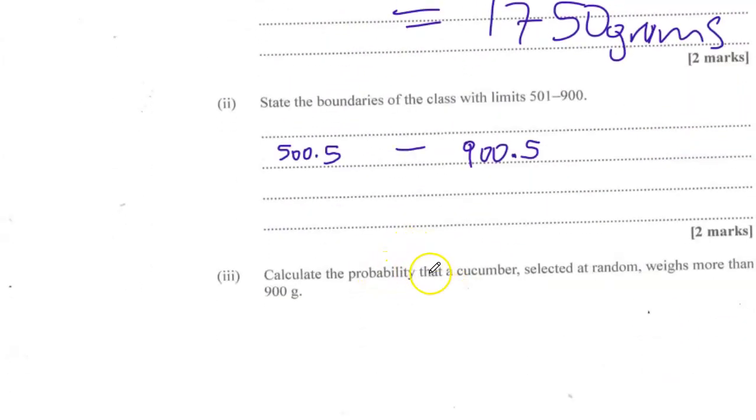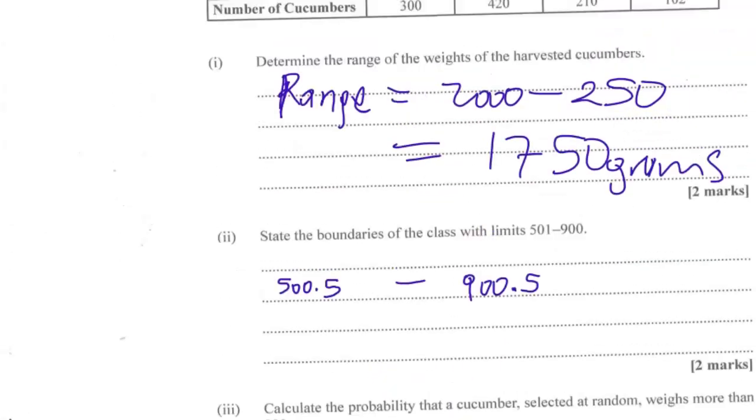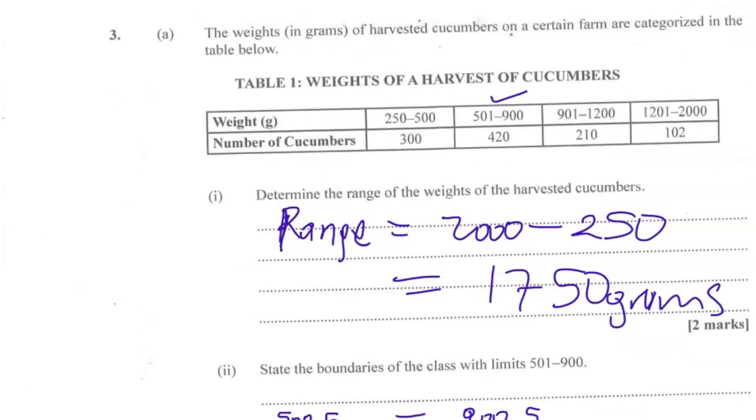Calculate the probability that a cucumber selected at random weighs more than 900 grams. So let's look for the amount that weighs more than 900 grams. More than 900 will be here, 901, that's 210, and this other one, 102, also that's more than 900.